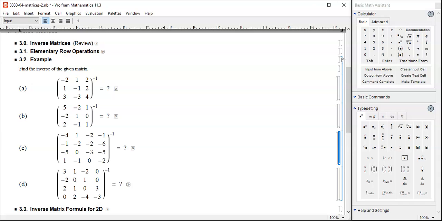Anyway, inverse computation, for humans, is really tedious and torturous. But for computers, it's completely algorithmic. So this is not much of a big deal. Even if you have a 100 by 100 matrix, it'll take a little bit of time to calculate these elementary row operations, but it is completely algorithmic, so no problem there.